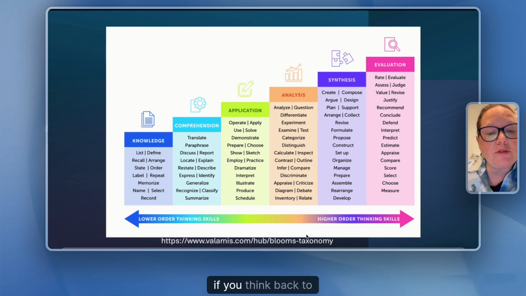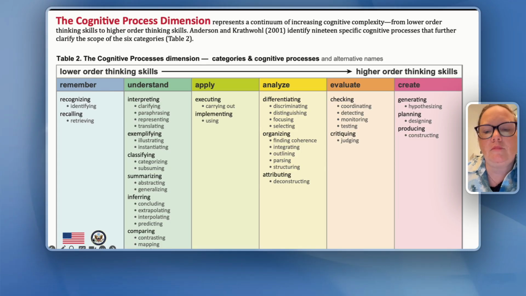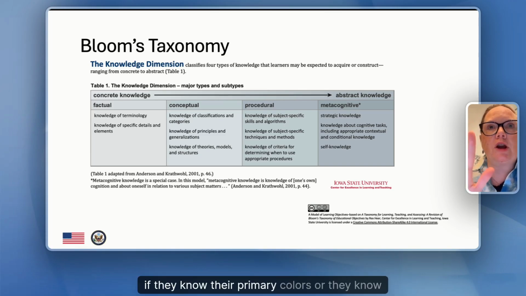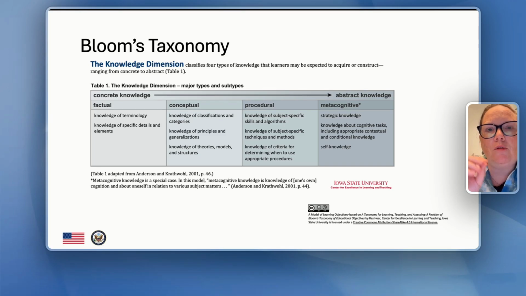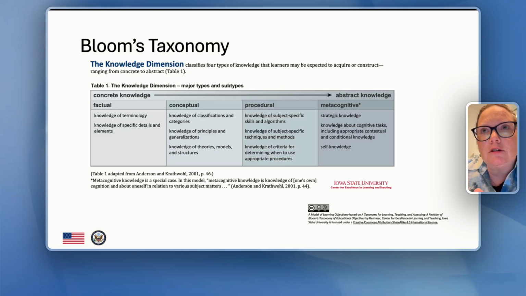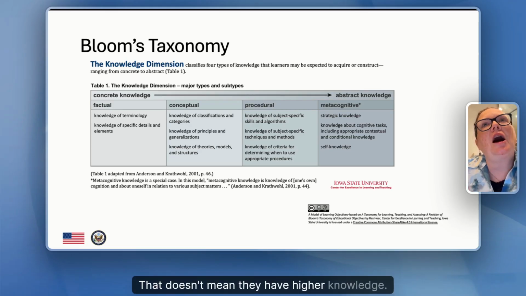And again, if you think back to this idea of knowledge, right? Factual knowledge, if they know their primary colors, or they know their parts of speech, or they know the major components of a circuit, okay, so they know that. That doesn't mean they have higher knowledge.